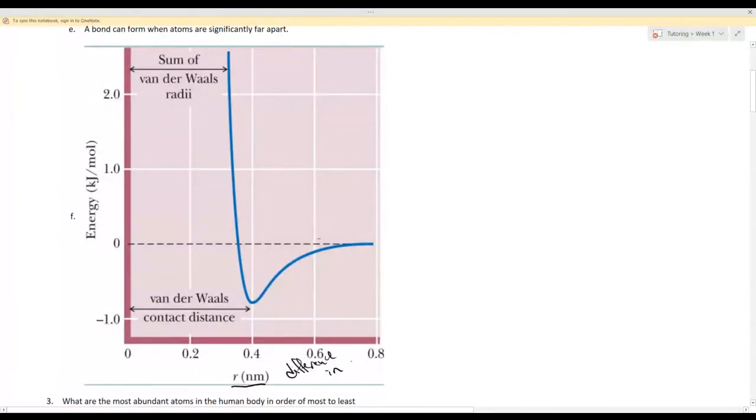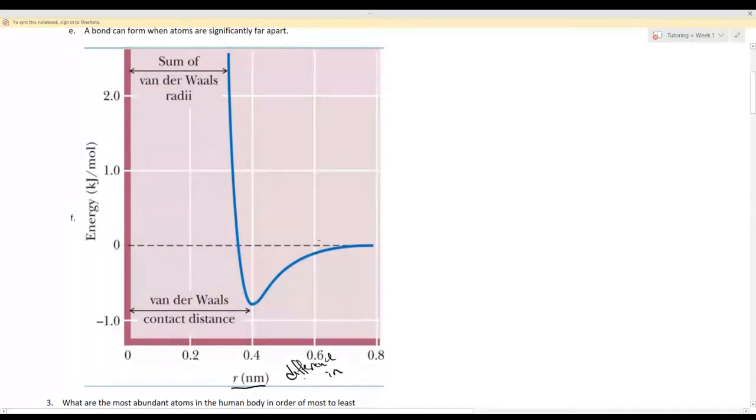I'm not sure exactly how to word it, but this is the distance the nuclei are apart. Okay?